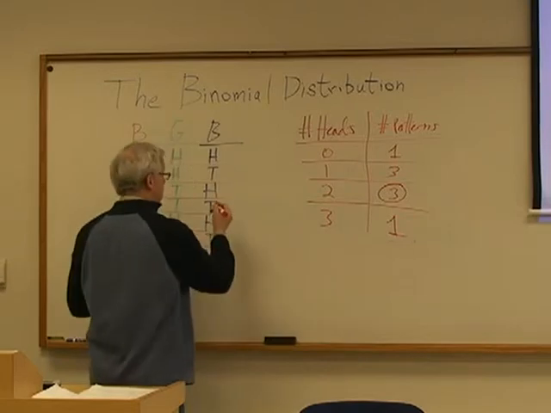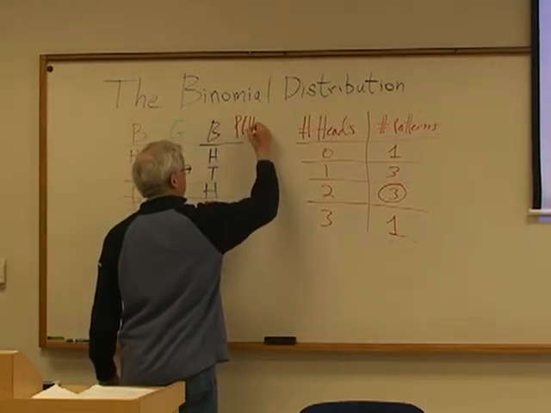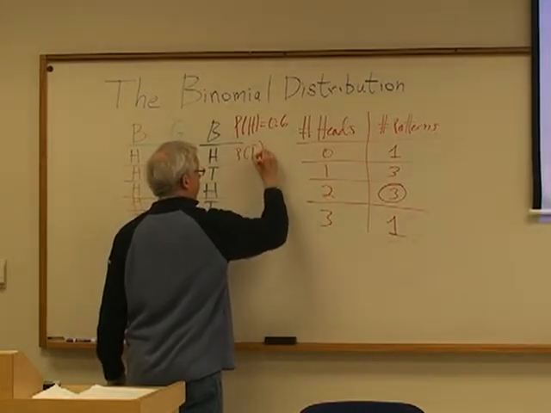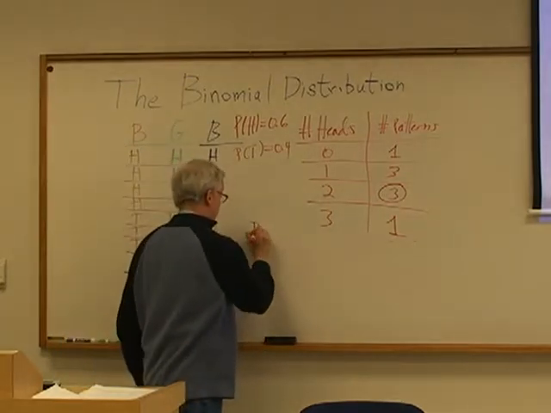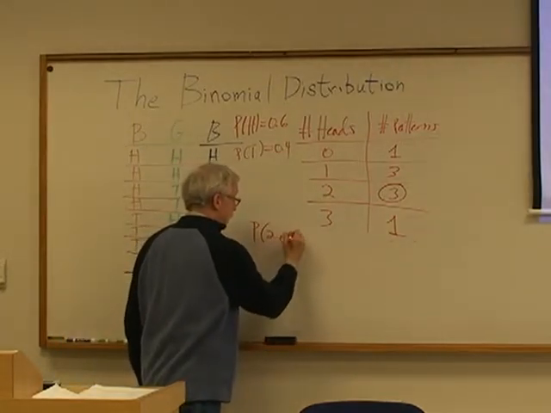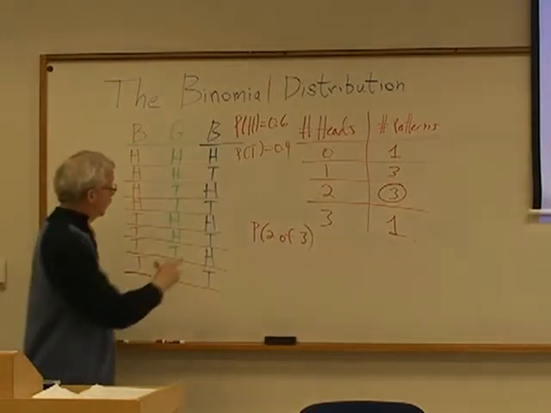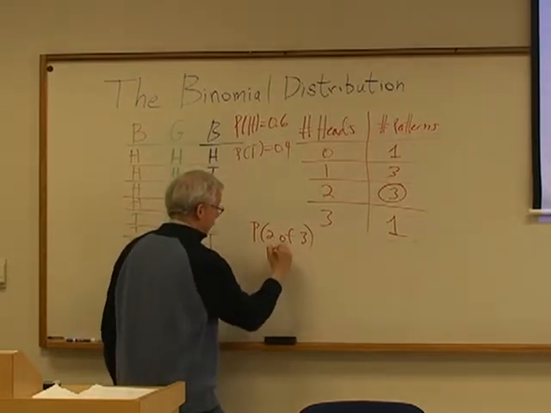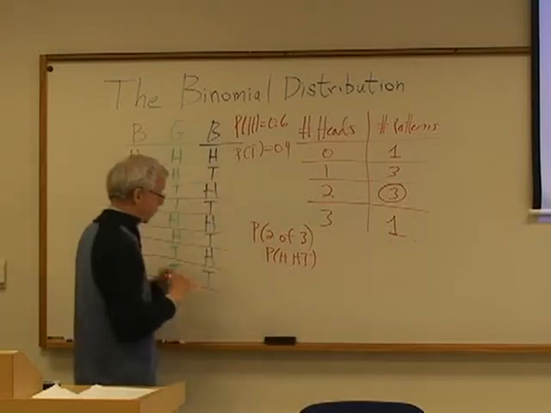Suppose now that I have an unfair coin where the probability of heads is 0.6, so the probability of tails is 0.4. And I want to ask the same question now. What's the probability of 2 out of 3? Well, I need to figure out the basic probability of one of these patterns. Again, probability of heads, heads, tails will work as one of them.